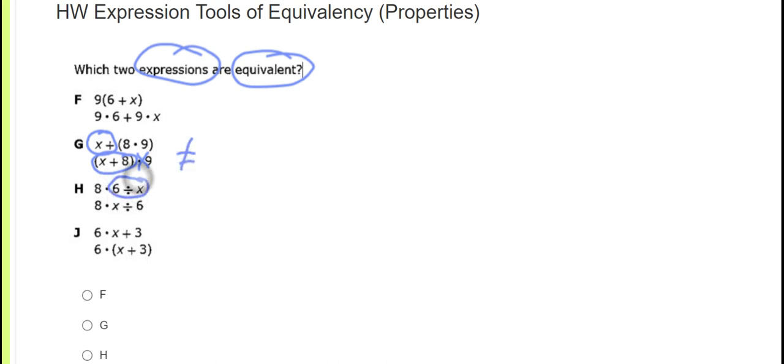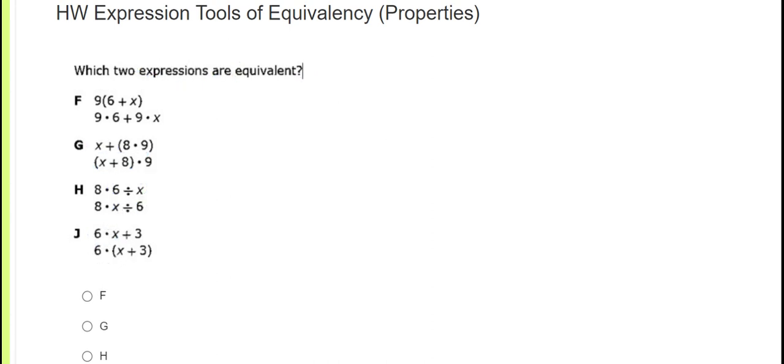Can you switch around division and get the same thing? Is 6 divided by x the same as x divided by 6? No, it is not. Here, you only have 6 times x, but down here, it's 6.